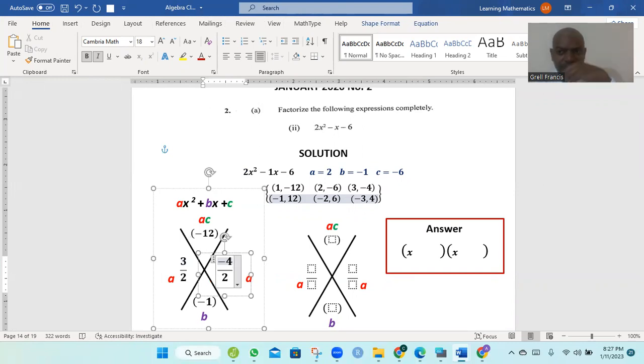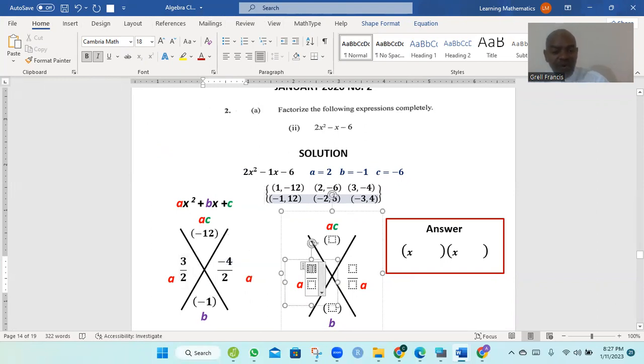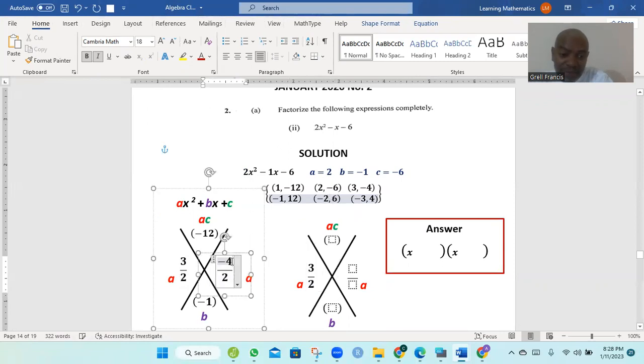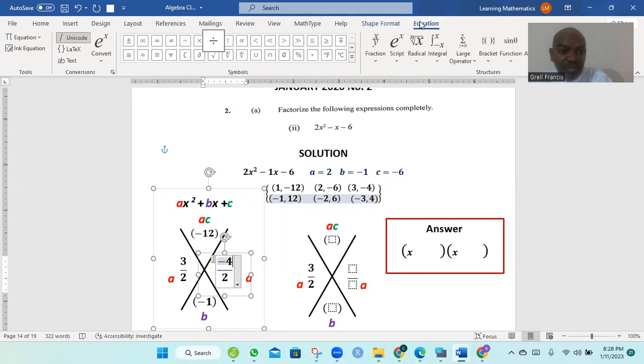Now, the next step now is to simplify those two fractions. 3 over 2 is already in the simplest form. We carry it over, we leave it as is. Negative 4 over 2 can be simplified by dividing both the numerator, which is negative 4, by 2, and the denominator by 2.